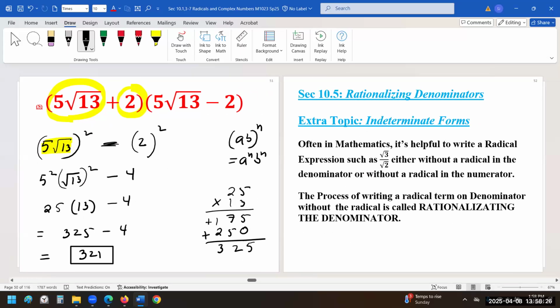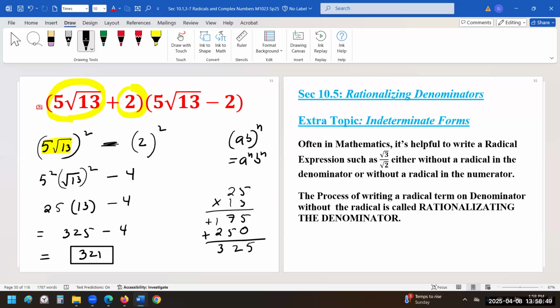We've done multiplication, addition, subtraction, simplification. Now the last thing we're going to do is division. Unfortunately, we don't know how to divide radical. So instead of dividing radical, we use a concept called rationalizing.